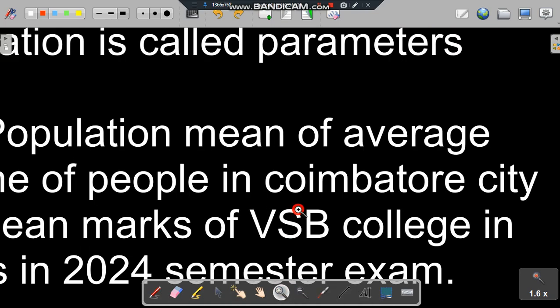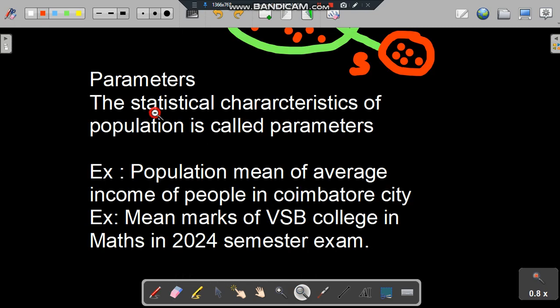Okay, so what we understand is that a parameter is nothing but a statistical characteristic of the population. The first example is the average income of the Coimbatore people. This is a good example for parameters.